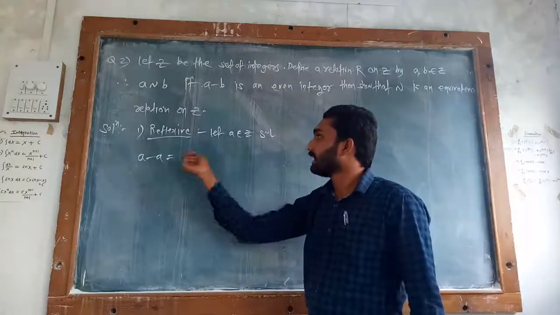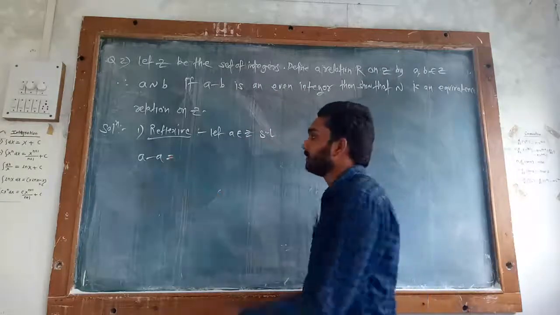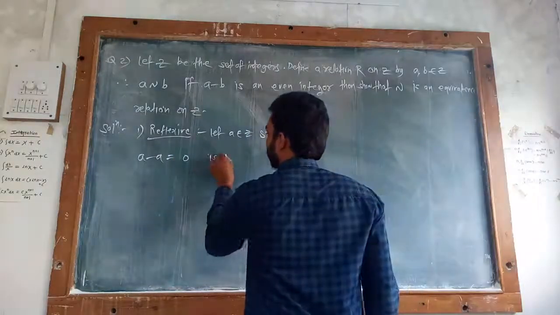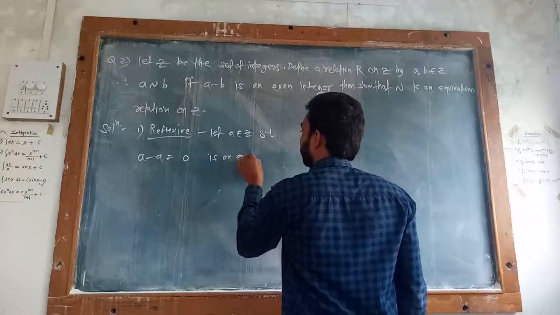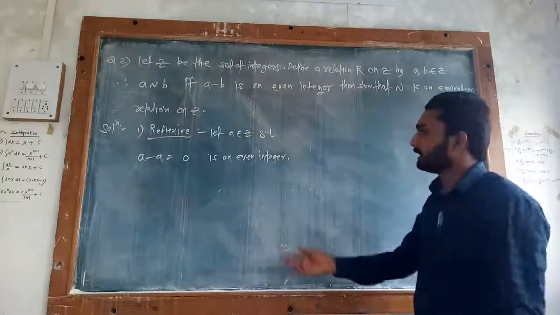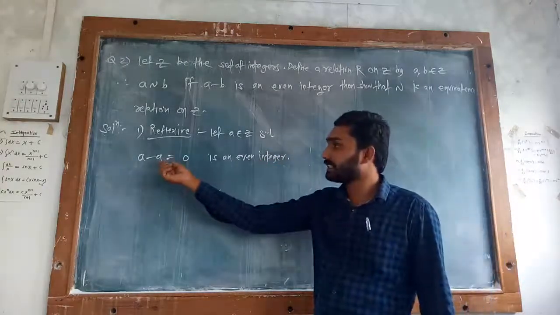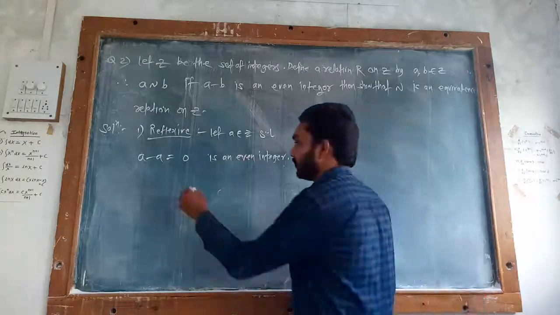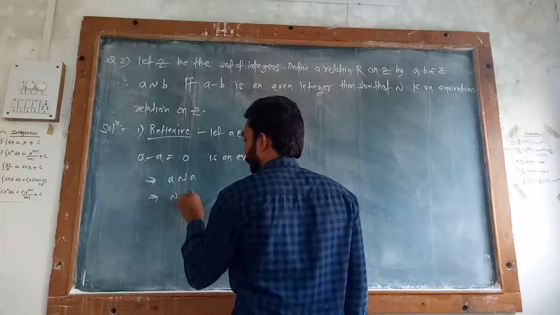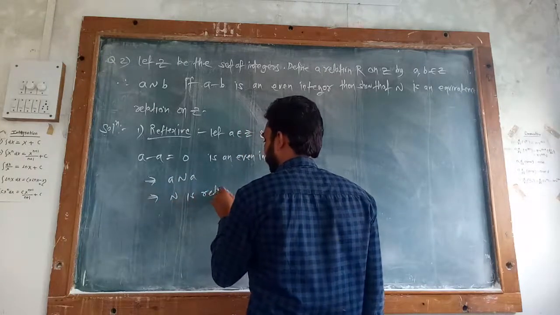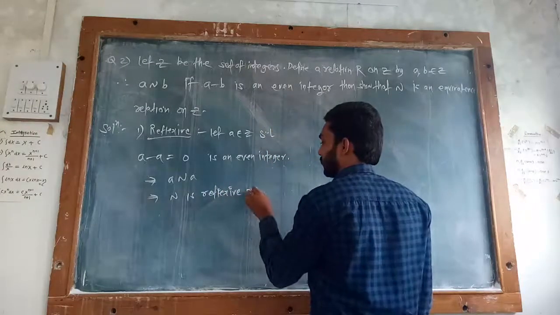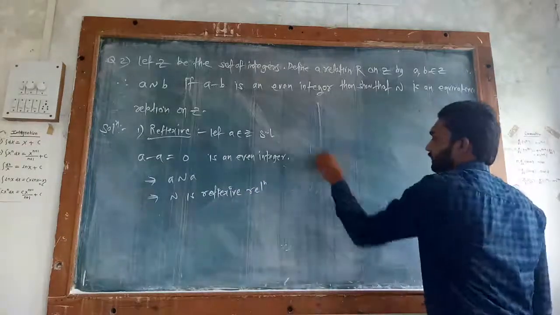Let a be an integer; then a minus a becomes 0, and 0 is an even integer. So a minus a is an even integer, therefore a is equivalent to a. Therefore this is a reflexive relation. This is your first property.